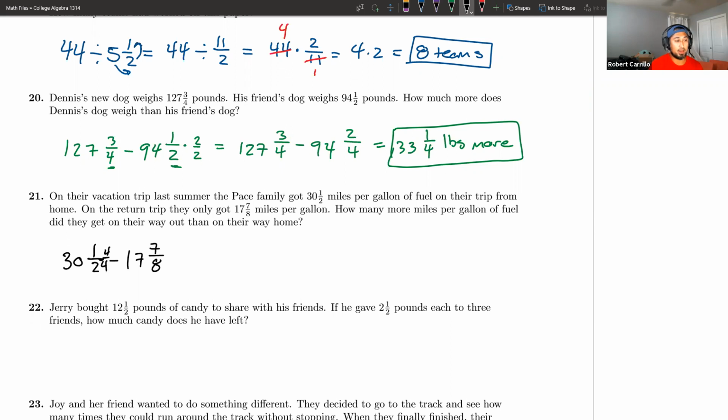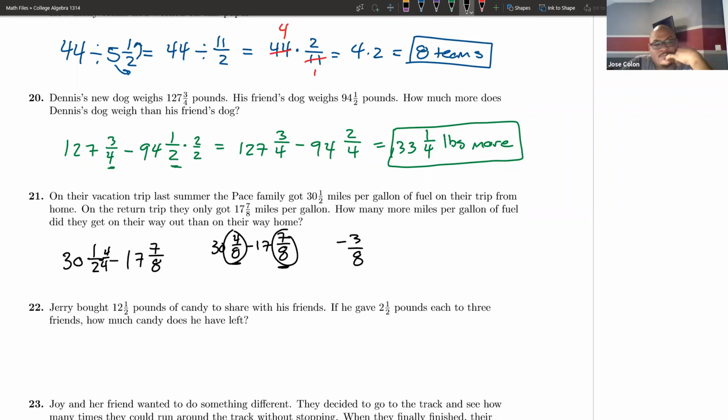If I multiply that by 4/4, you would end up getting 30 4/8 minus 17 7/8. Yes, we now have a fraction with the same denominator. But if I subtract these two fractions, 4/8 minus 7/8, I get -3/8. And can that happen? No. So what is another way around this?